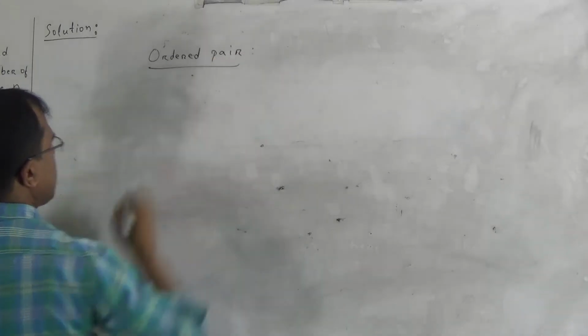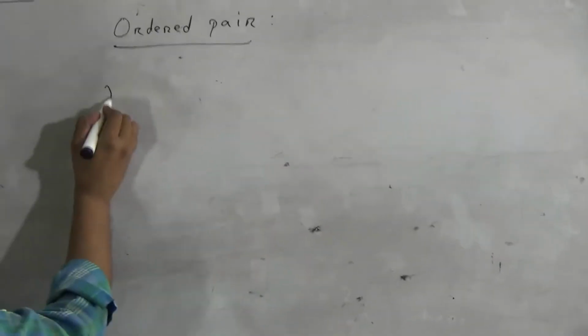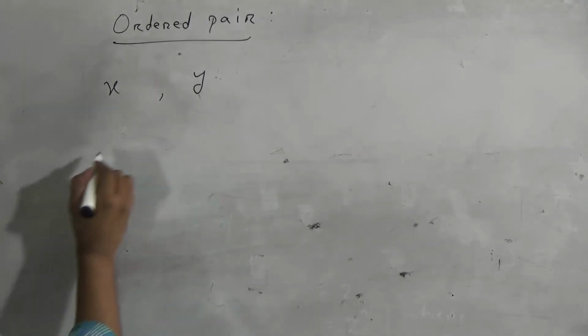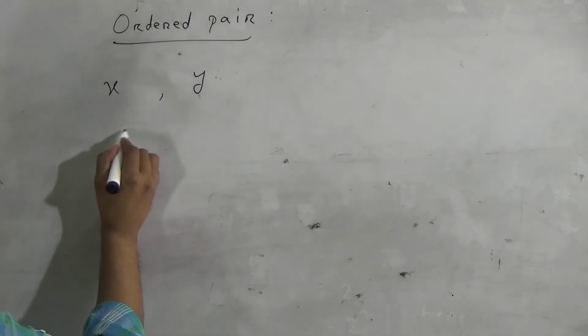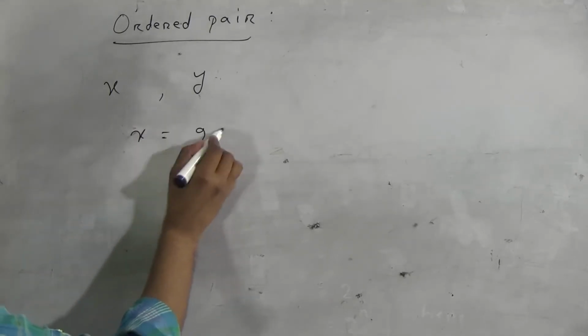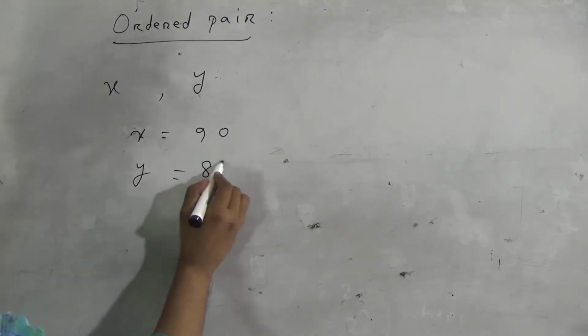Dear students, suppose that in a class there are two students, one is X and another student is Y. In a mathematics exam, student X has got 90 marks and student Y has got 85 marks.